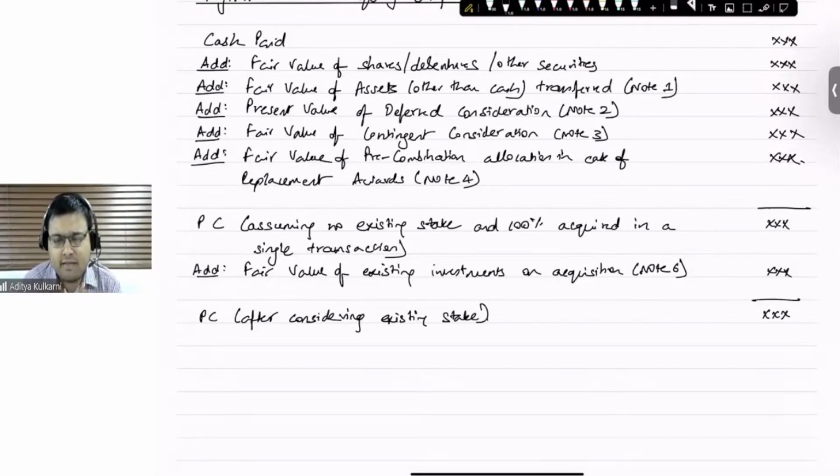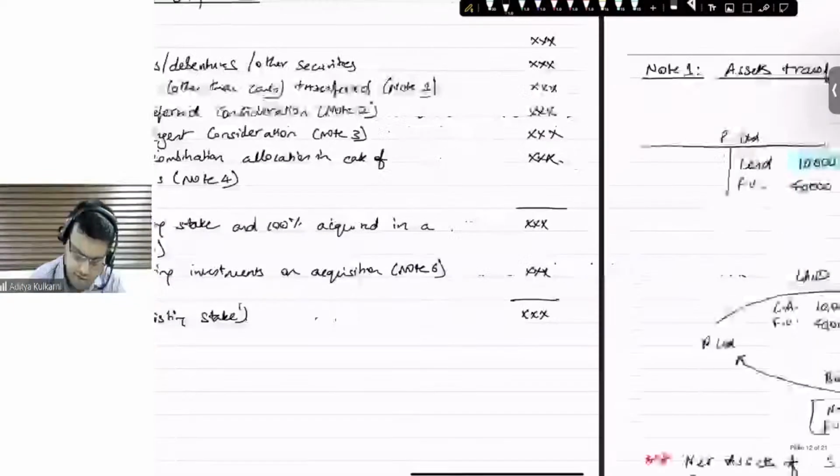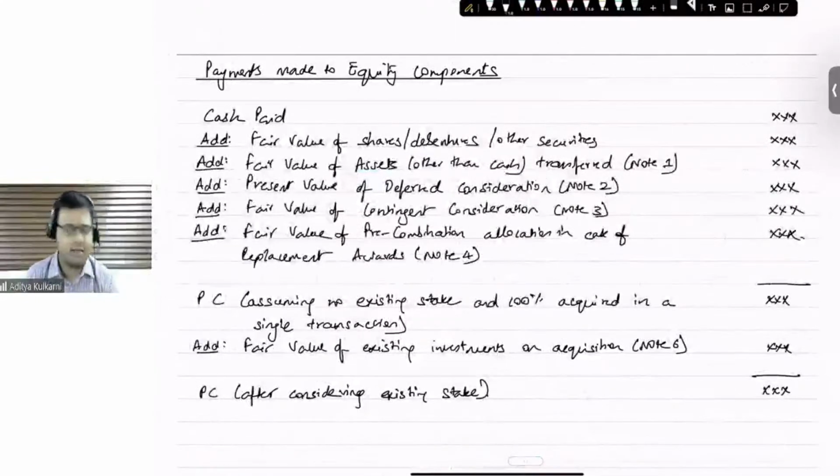Even the deferred consideration, we would identify the value payable in the future and bring it to the present value. Then contingent consideration we saw, and then pre-combination allocation in case of replacement awards. To that you will add fair value of existing investments, and that will give you the purchase consideration. Now we are done with step number 3.